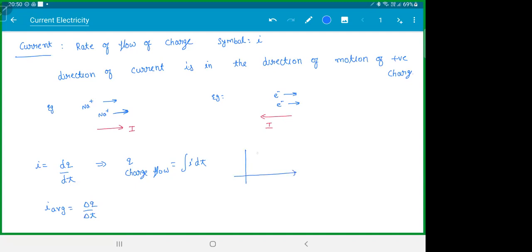If you plot an I versus t graph, this is the positive area and this is the negative area. So the area under the I-t graph gives you charge flow. This is your charge flow, which is nothing but the area under the current versus time graph.